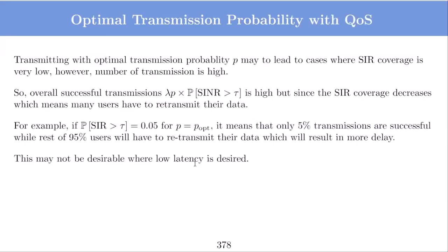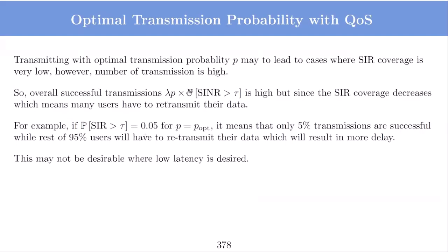Sometimes we can also have another constraint: you want the optimal transmission probability, but you still want to make sure the success probability does not go below a particular value. You can see this example. Suppose you optimize this spatial throughput, but you have chosen a p such that the SIR coverage probability is like 0.05.